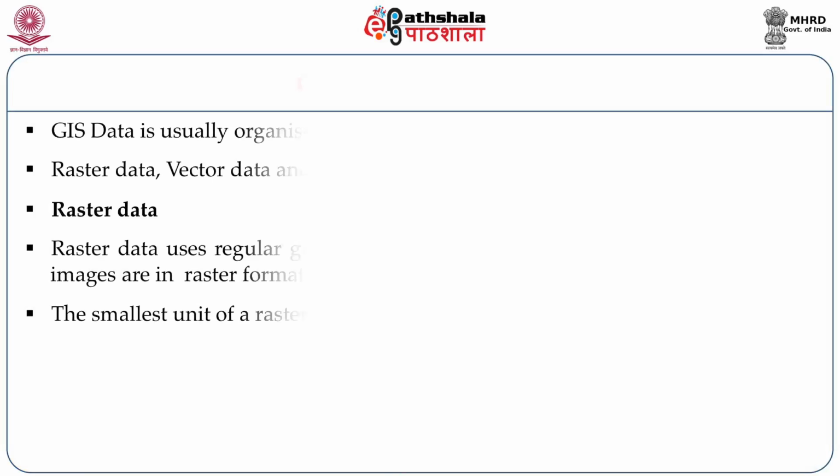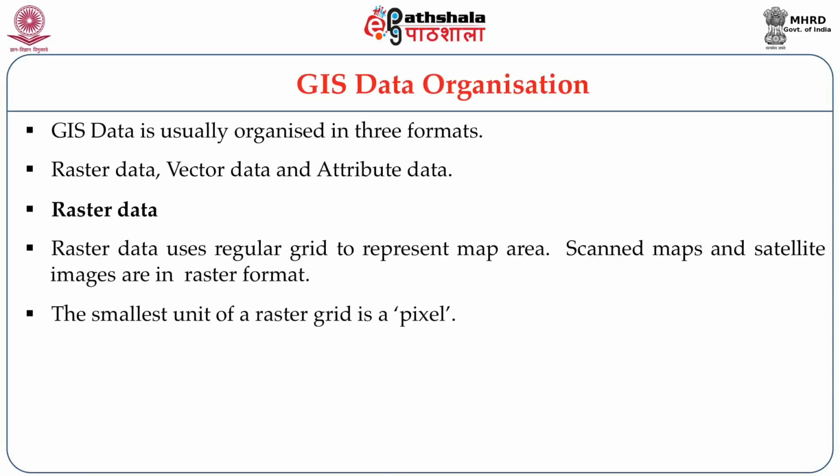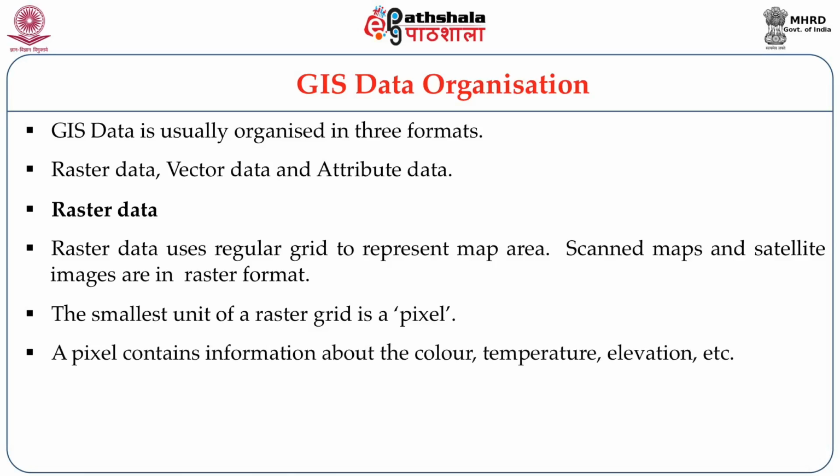The pixels are actually arranged in raster format. The smallest unit of raster data is known as the pixel. Usually a pixel contains a lot of information, different kinds of information about the color, temperature, elevation, etc., which is used both in remote sensing as well as in GIS work.